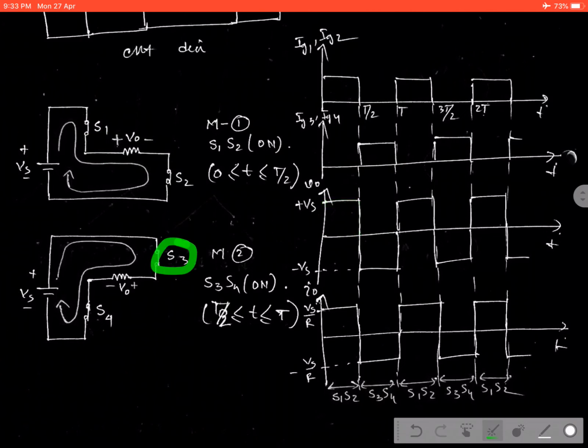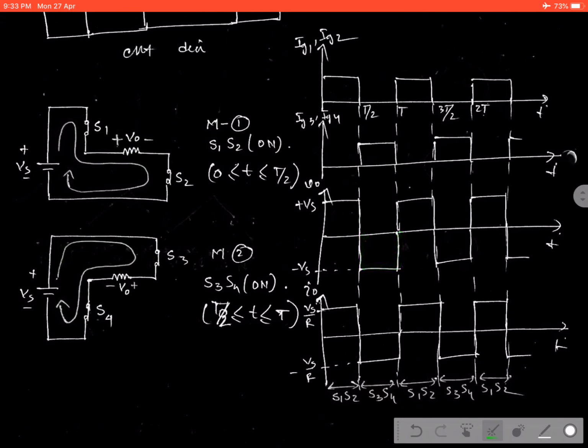When S3 and S4 start conducting, the current flows in this direction. That means the current is flowing in the opposite direction with respect to the previous one, and the polarity of the voltage is now this one. That is why it gives the negative voltage and negative current. So this is the waveform of voltage.